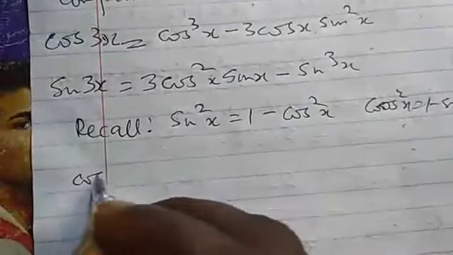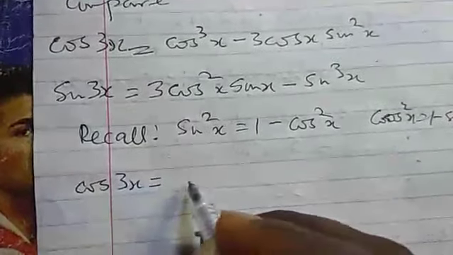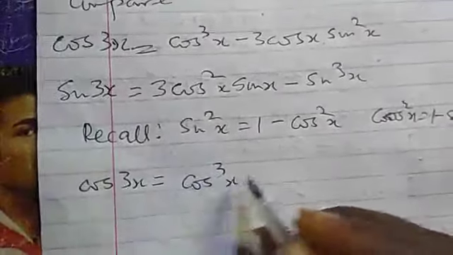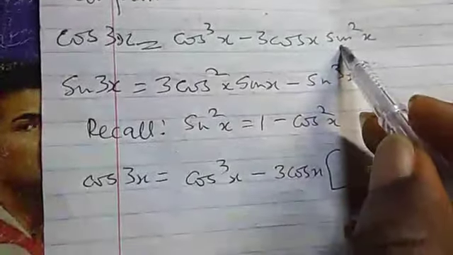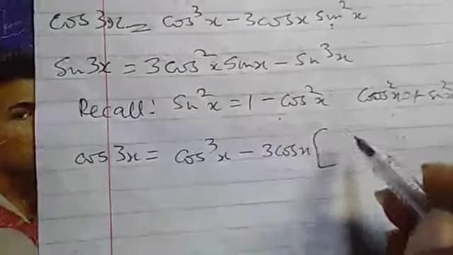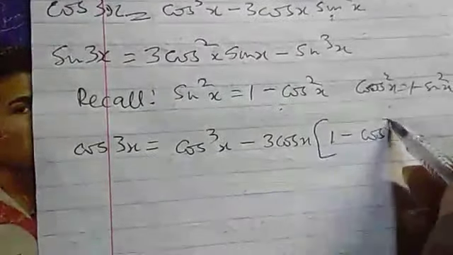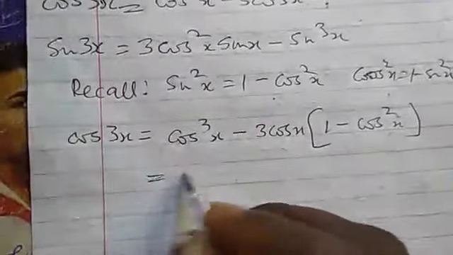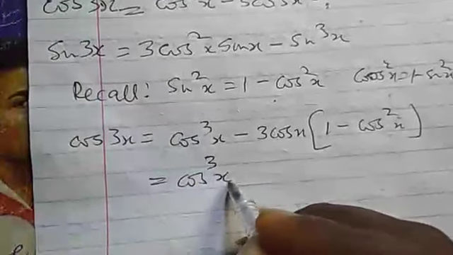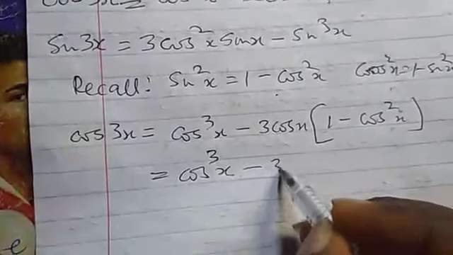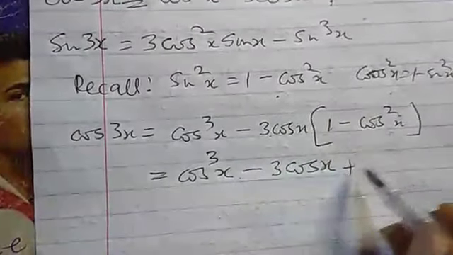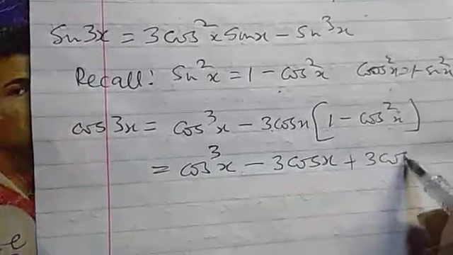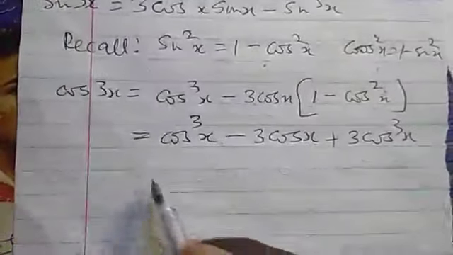This cos 3s will now become cos cubed s minus 3 cos s. So instead of this sine squared s, I can write it as 1 minus cos squared s. That will be cos cubed s minus, if you expand, we have minus 3 cos s, minus 3 times this, that will be plus 3 cos cubed s.